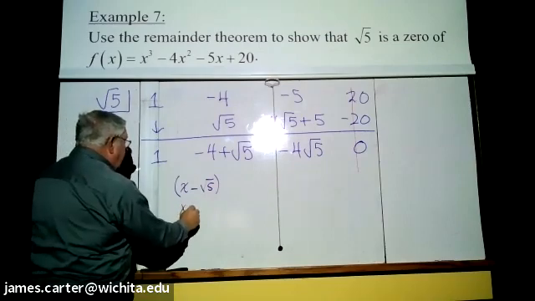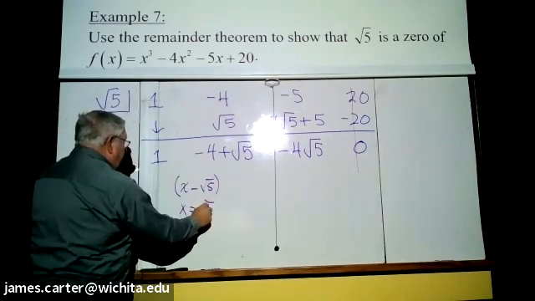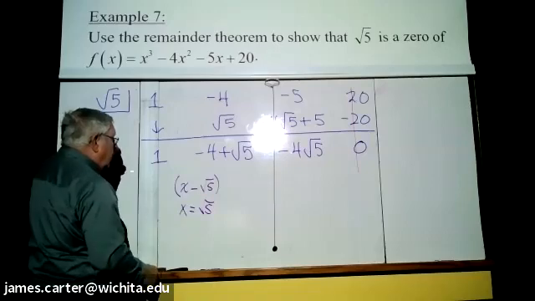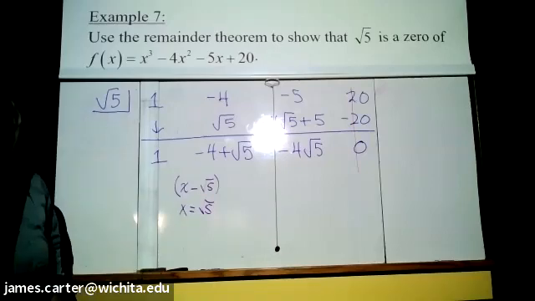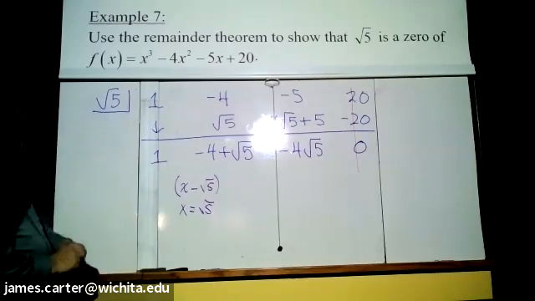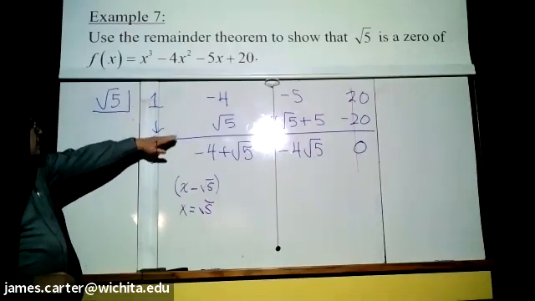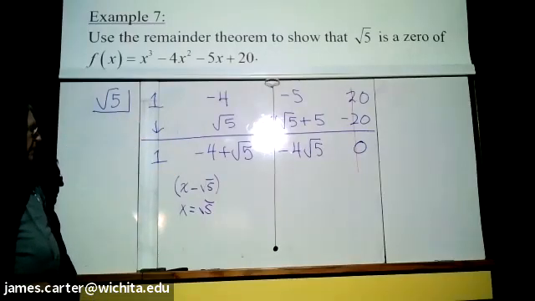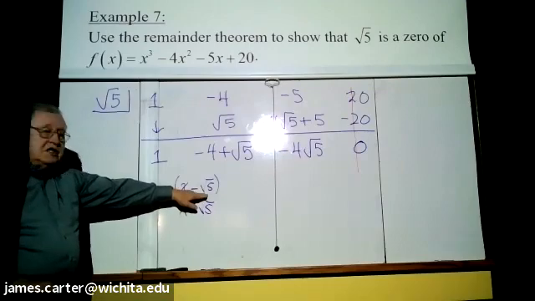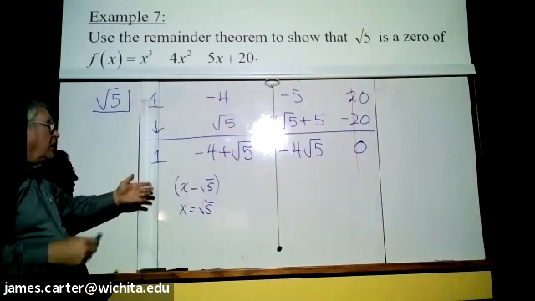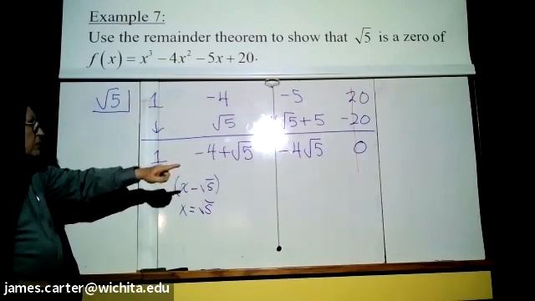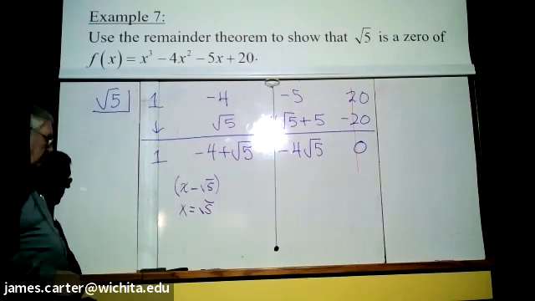If x equals square root of 5, then x minus square root of 5 would be the factor. And yes, this will divide exactly into that. If we use this with long division, which we could, it'd be a pain, we would still get a 0 remainder.